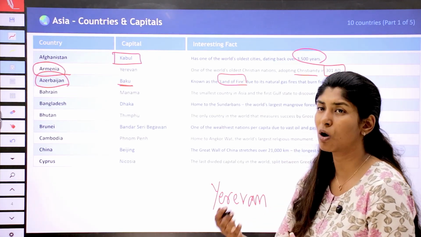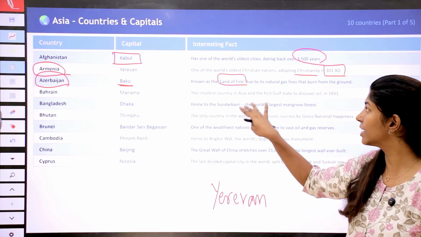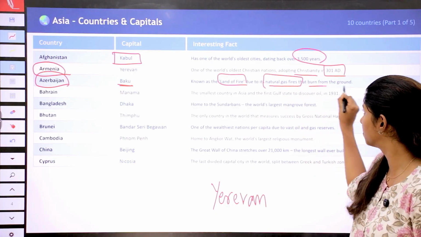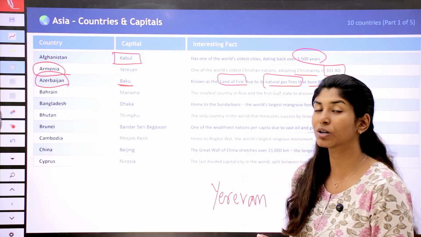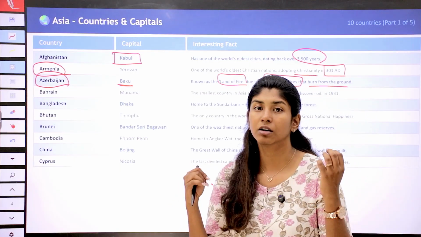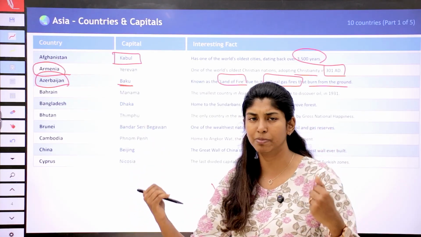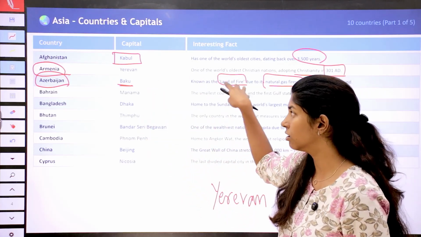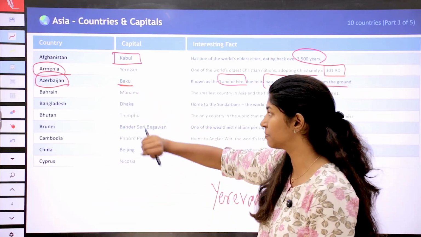Bubbles of burning keep coming up in that area till now, and that is why it is called the land of fire, because of its natural gas fires that burn from the ground. To represent that, in Azerbaijan they have built very tall buildings that look like fire, because they are proud of their geographical feature. So Azerbaijan is called the land of fire and its capital is Baku.